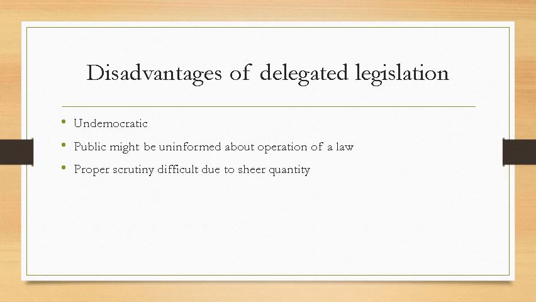Then the information issue. Public might be very uninformed when things start. For example, in today's context only, the borders got sealed, but still there were so many people who wanted to go from Delhi to Noida, so many people who wanted to come from Noida to Delhi.